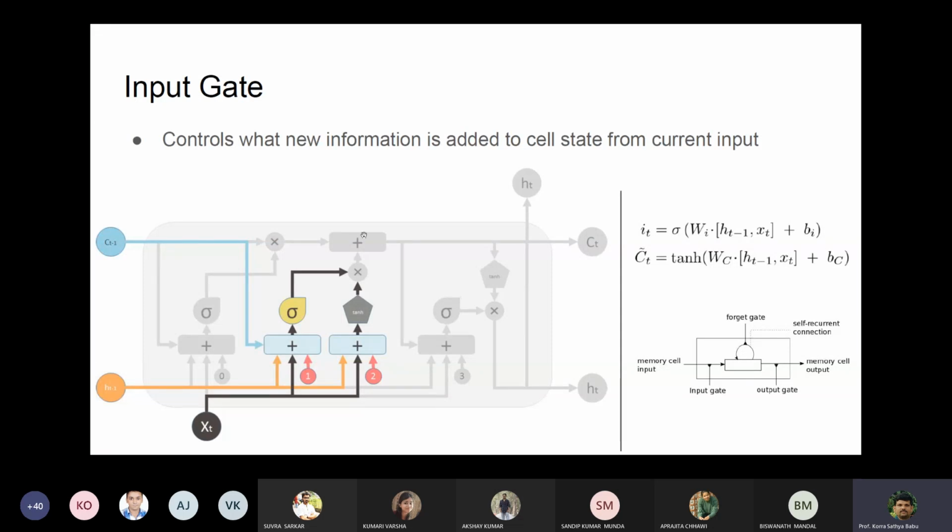So what are the things you are trying to perform here? This and this. Here you see it. This value is it.